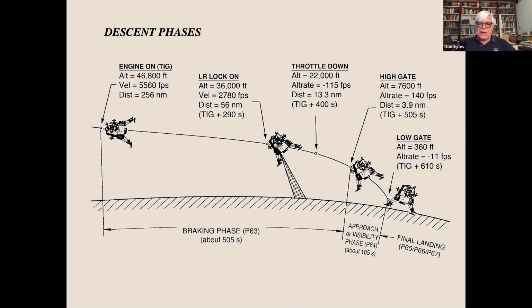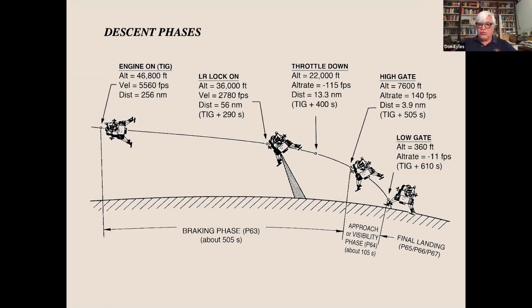And finally, the visibility phase would end at the discretion of the commander at the point where he decided to take over semi-manual control. Usually that was in the region of around 400-foot altitude. At that point, he's oriented himself. He sees where he wants to go.